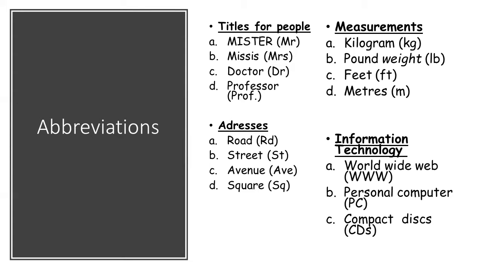Feet, FT. Meters, M. These are abbreviations for these terms. And information technology: World Wide Web, WWW. Personal computer, PC. Compact discs, CDs. You can fill this in your books at page number 47, exercise number 3.